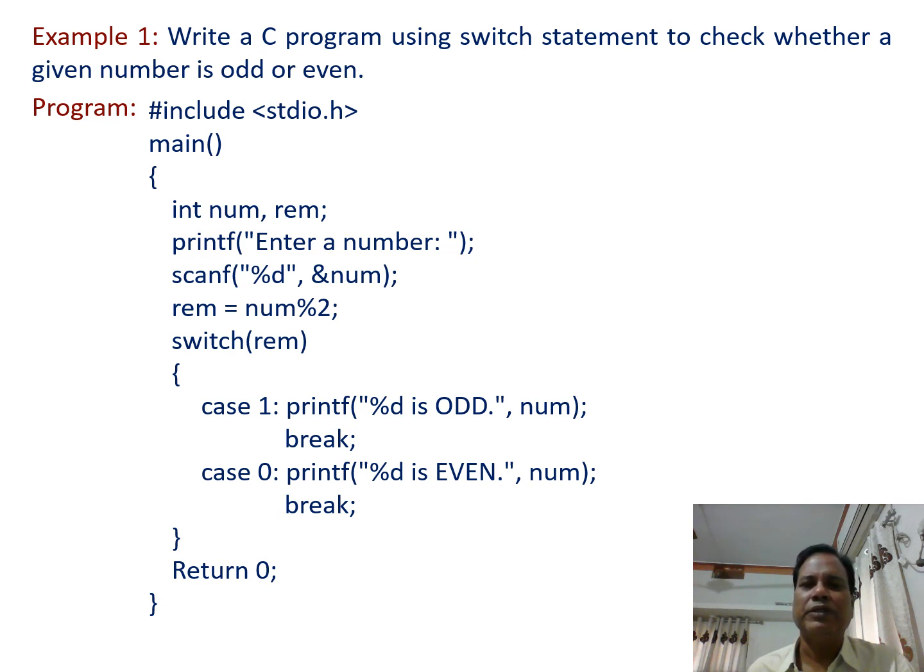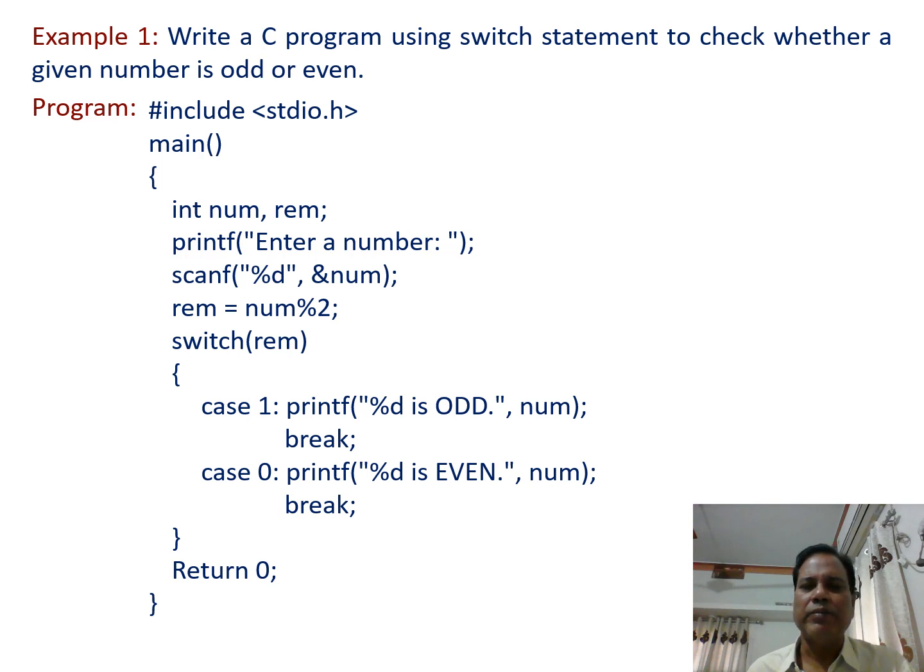The printf function displays the message "Enter a number" and the cursor blinks after the colon. So here we find that we have to enter a number. Whenever a number is entered, that number is taken in and stored in the variable num.